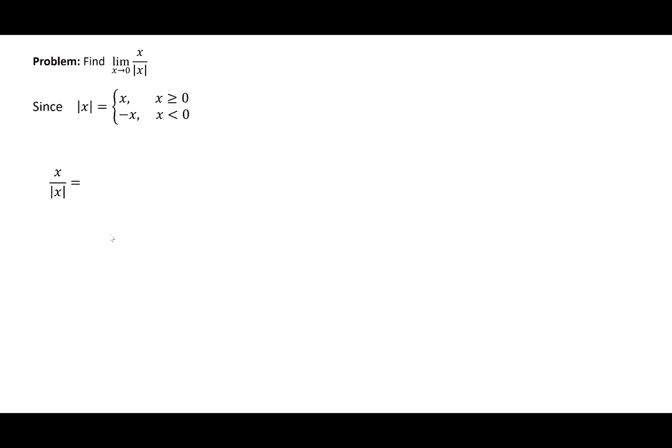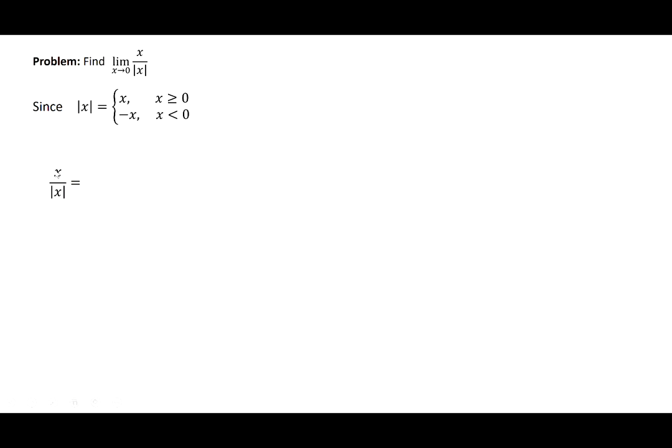Well, check this out. Let us split this into two conditions. If x were to be greater than or equal to 0, what can I replace absolute value of x with? Pay attention. Let us say x is greater than or equal to 0. What can I replace absolute value of x with? With an x.